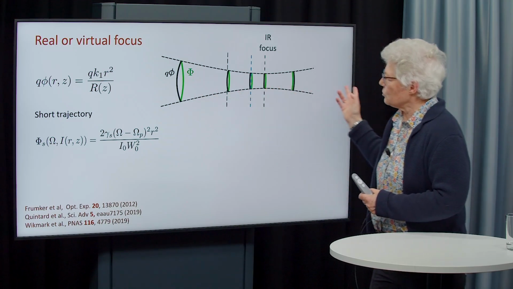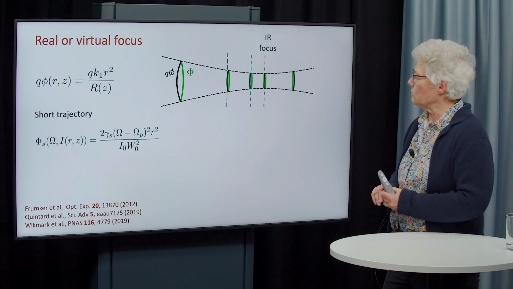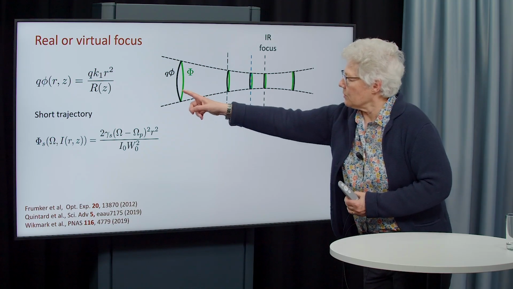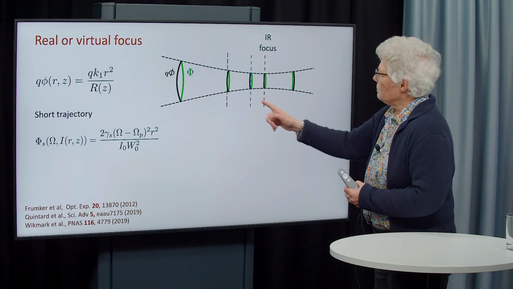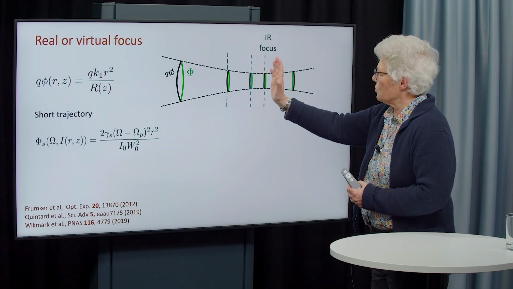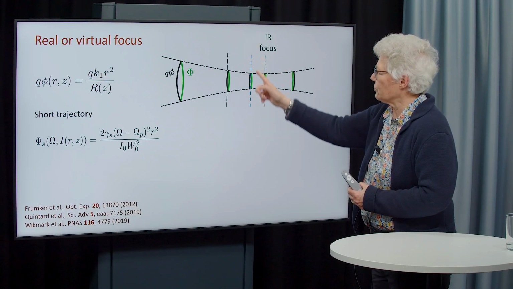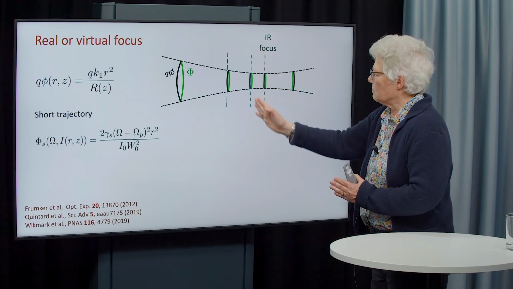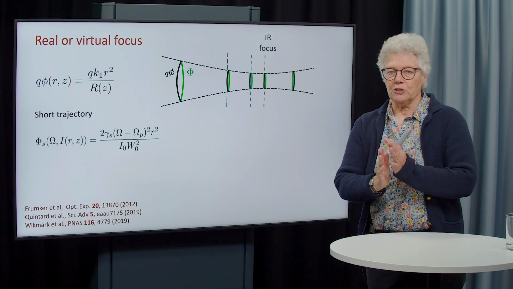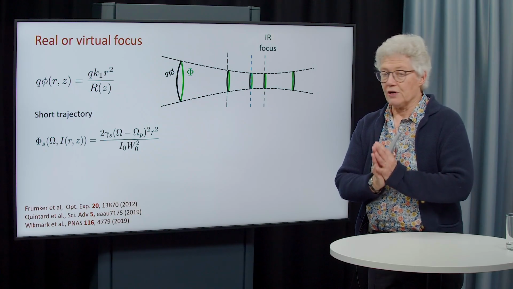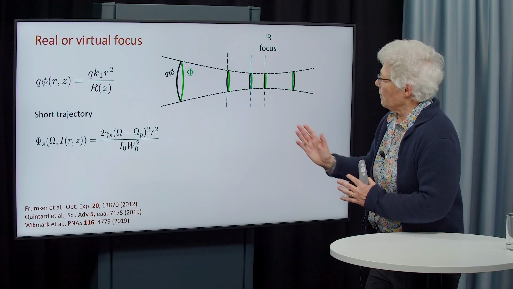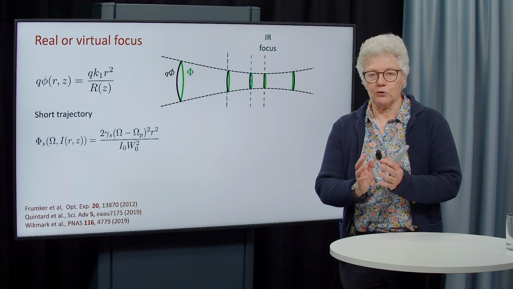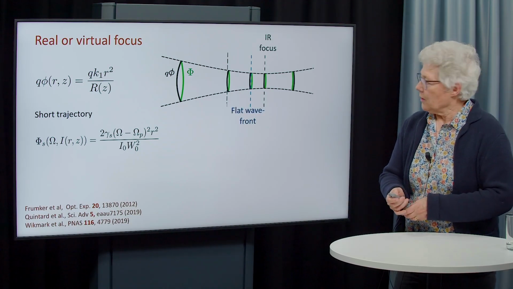If you now sum these two phase contributions, you will see that you have to consider both terms, and there will be a position before the focus where both radii of curvature compensate each other, and where the harmonic fields are going to be generated with a flat wavefront. Depending on where you are, the wavefront can be positive or negative.